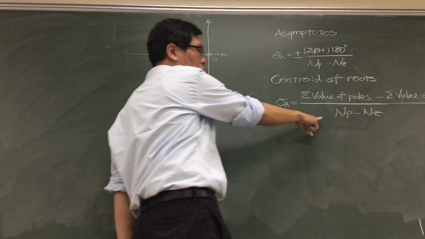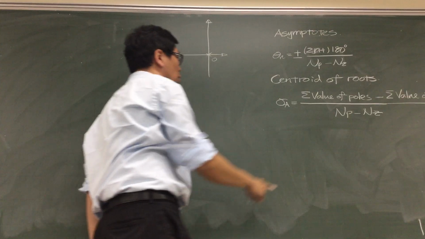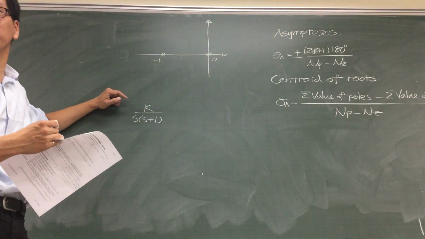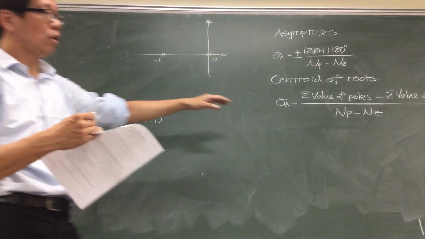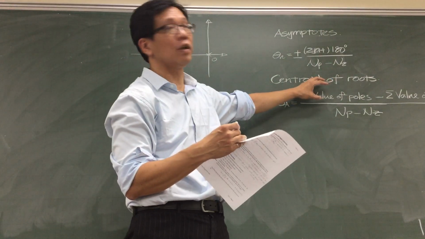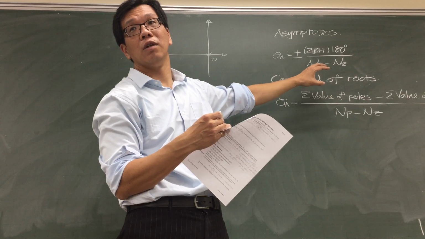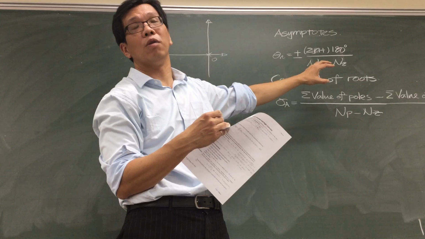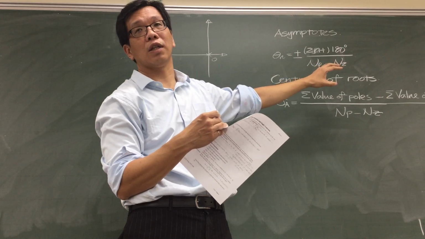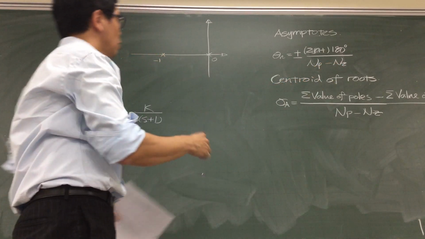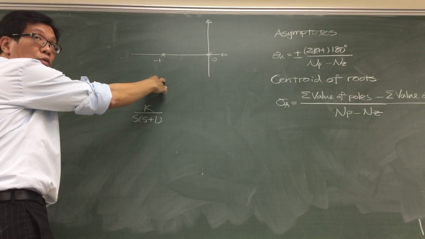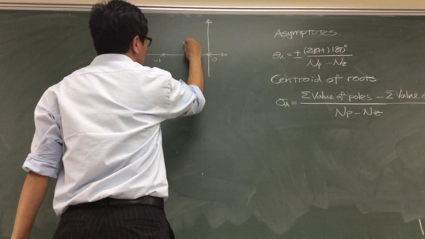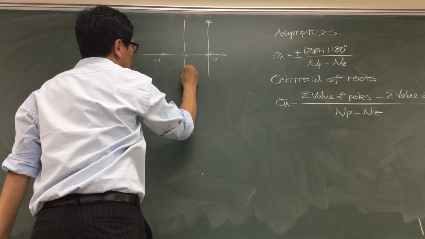So the denominator over here is 2. The summation of the poles is -1 plus 0, and I don't have any zeros, so the numerator is -1. If you divide that by 2, which number are you going to get? -0.5. So when you draw the loci over here, where is the breakout point? Where are they going to intersect?